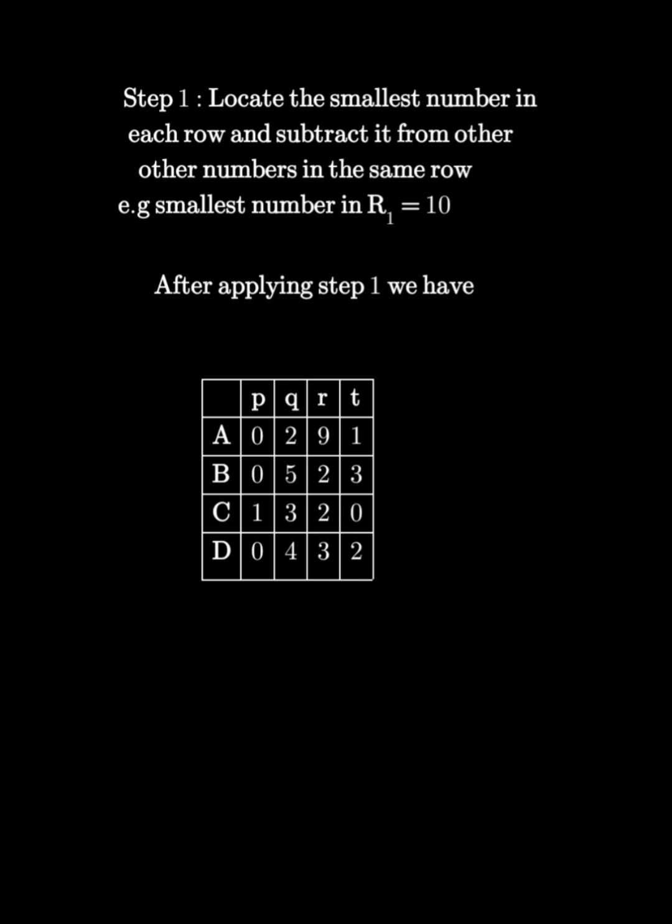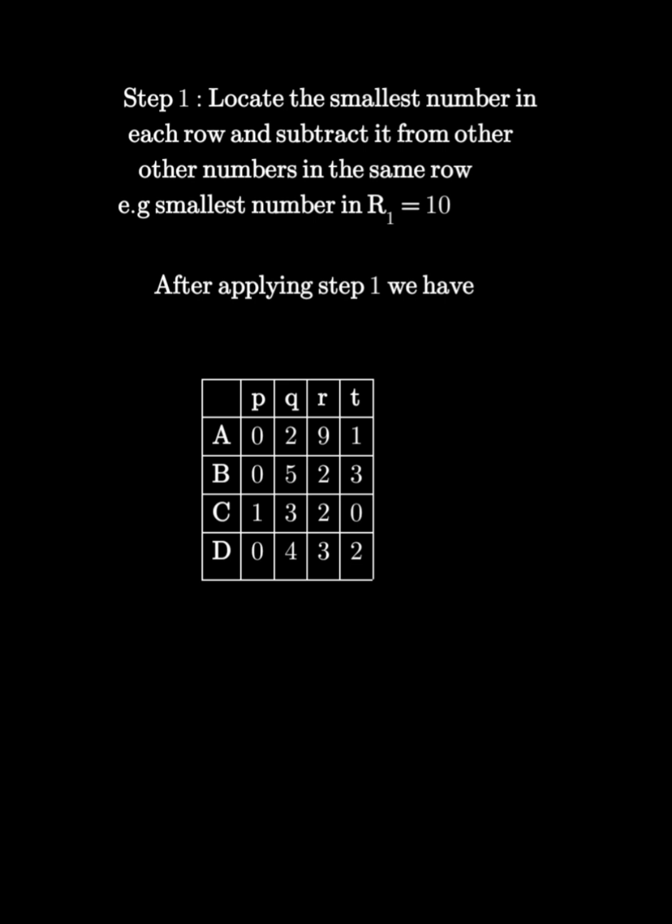For example, in the first row, the smallest number there is 10, so we are going to subtract 10 from all of the first row. The same thing, we'll move to the second row, which is B, and locate the smallest number and subtract the smallest number from all of the numbers that we have.